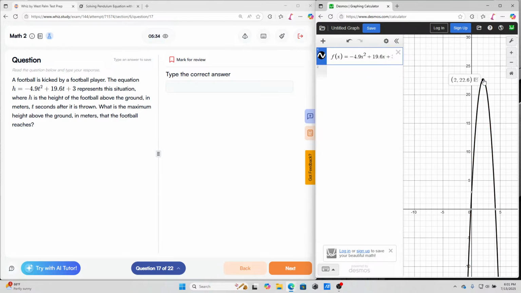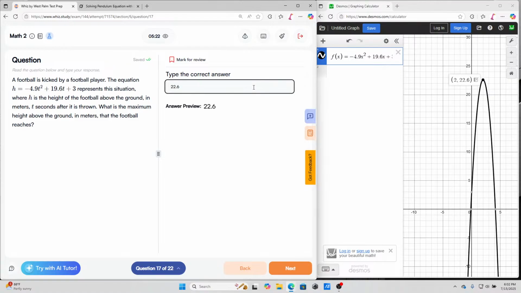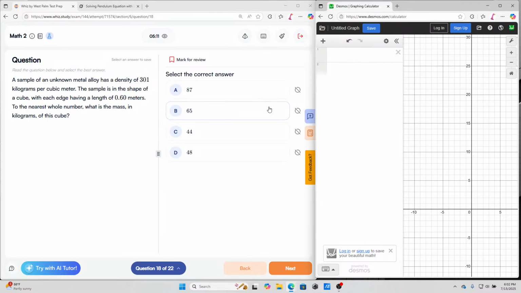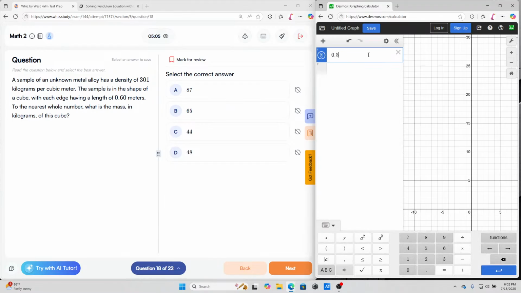Okay, so the maximum height above the ground is 22.6. Running out of time here, guys. So 65 here.